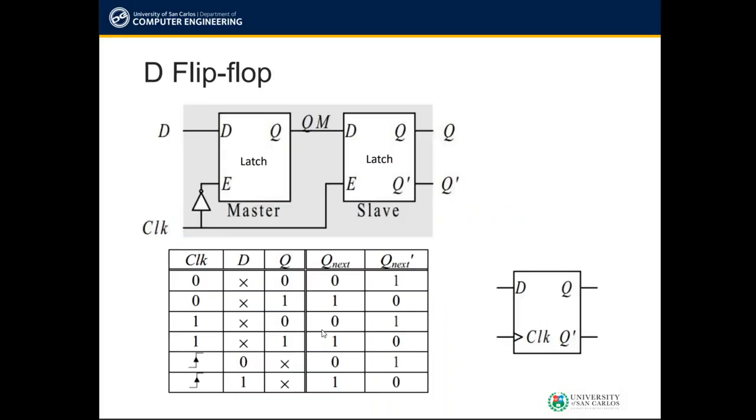First we have the D flip-flop. A D flip-flop is created with the use of 2 D latches. For these latches, we have enable, and enable is controlled by a clock.